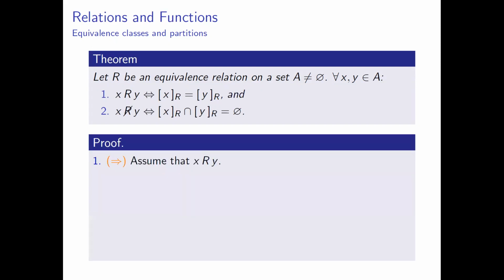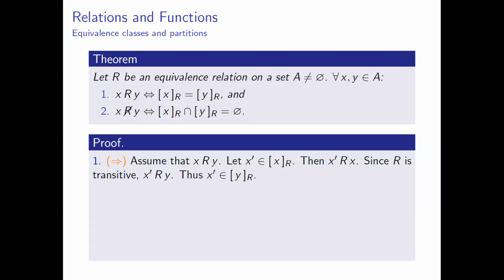To prove part 1, assume first that x is related to y. Let x prime be an element of the equivalence class of x. Then x prime is related to x. Since R is an equivalence relation, it is transitive. So x prime is related to y. Thus, x prime is an element of the equivalence class of y.